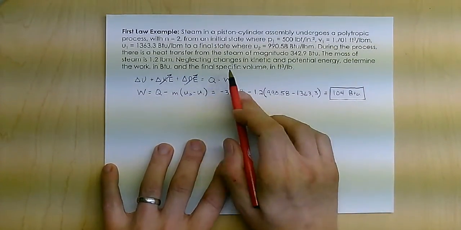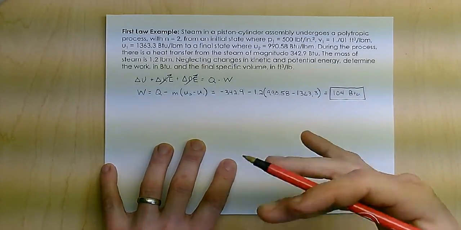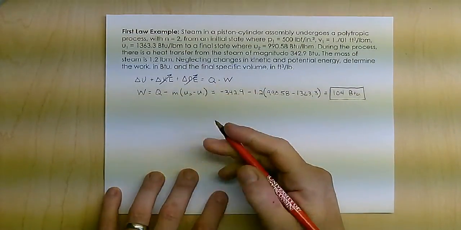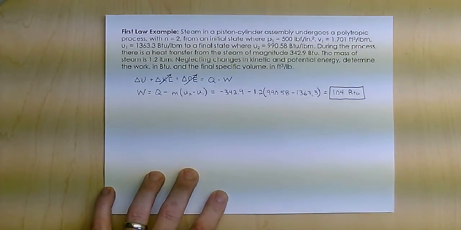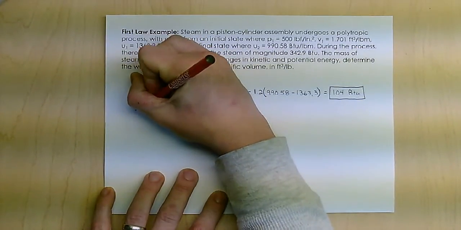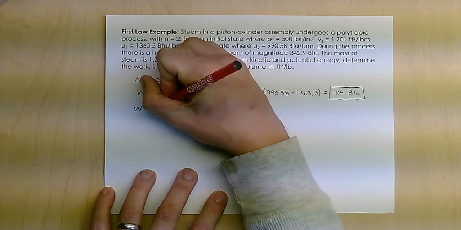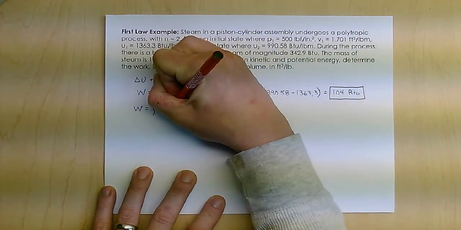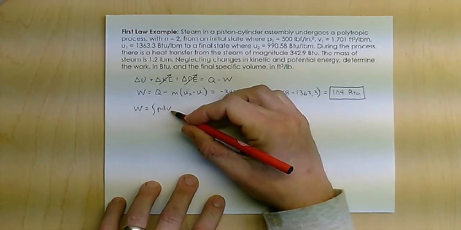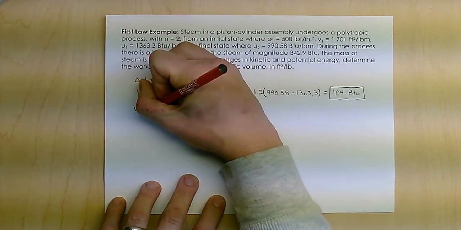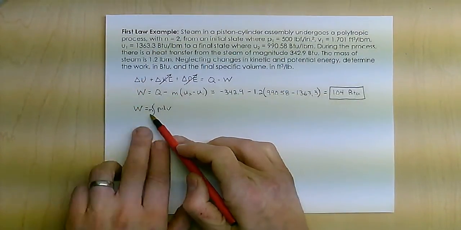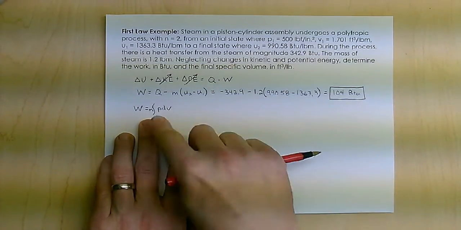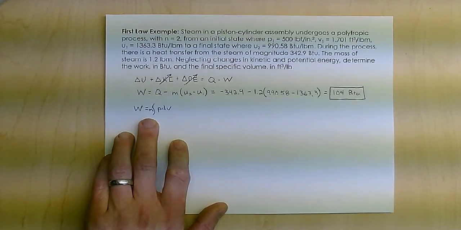Now from this work, I can use my definition of work, which is PdV, to find the final specific volume. So again, we'll start with my work equation, which is the integral of PdV, and I'll use the specific volume, meaning then I have to multiply by the mass to go from specific volume to actual volume, so I can get to actual work here.